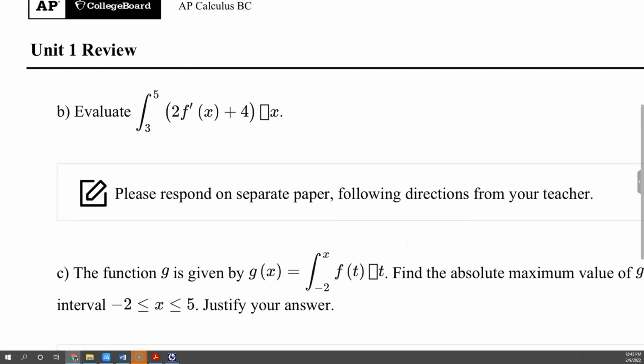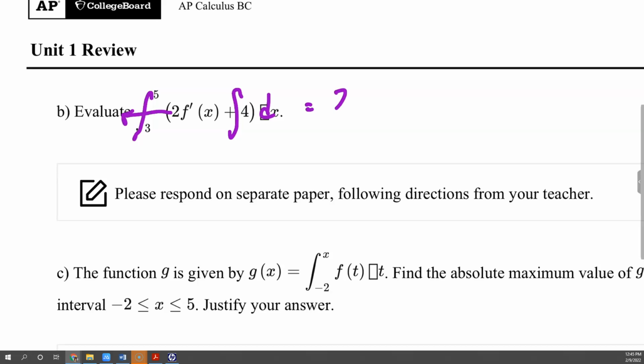If I have an integral, I can split it up, right? Can I also bring that 2 out front?